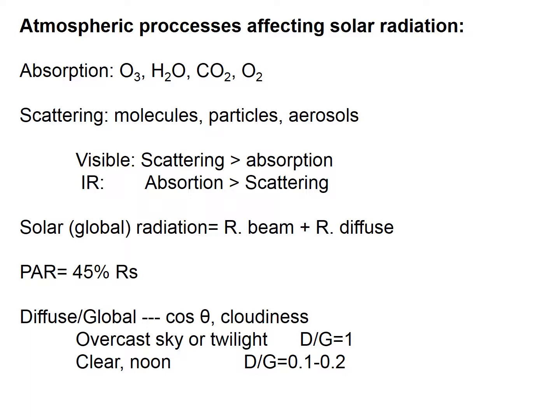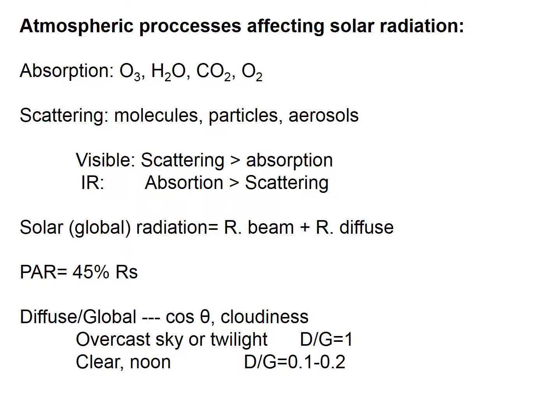Apart from that, we have a scattering of radiation that is due to molecules, but also to particles and aerosols. In the visible band, scattering is much more important than absorption, and for infrared, absorption is more important than scattering.